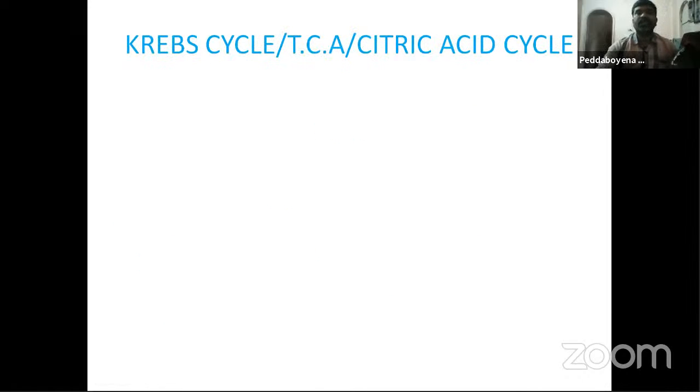Okay, then now the Krebs cycle. In 1937, English biochemist Sir Hans Krebs postulated the cycle of reactions which described the oxidation of pyruvate to carbon dioxide and came to be known as the citric acid cycle.